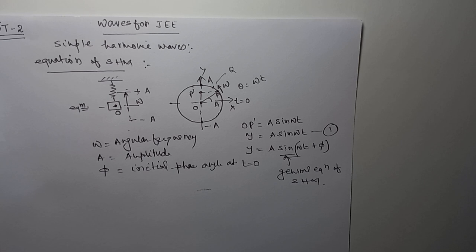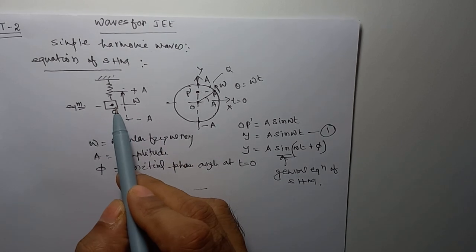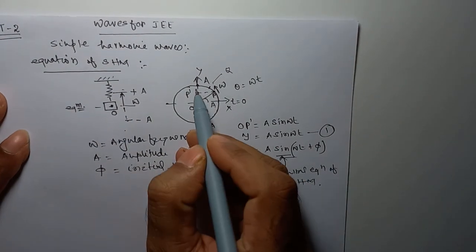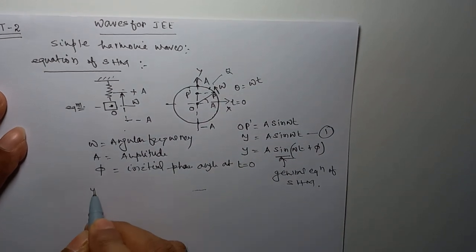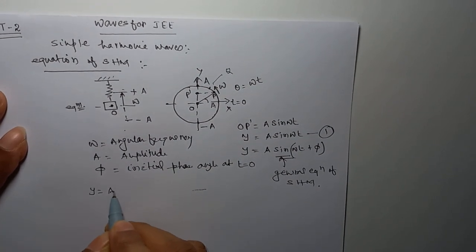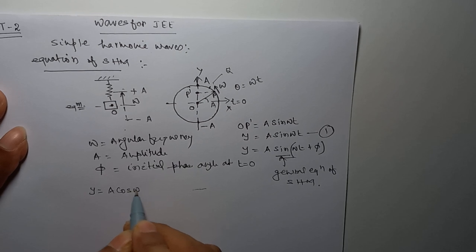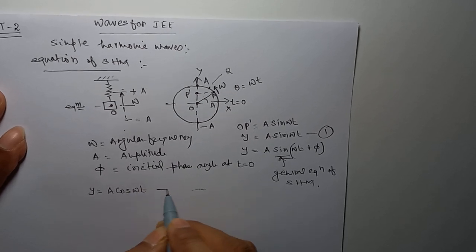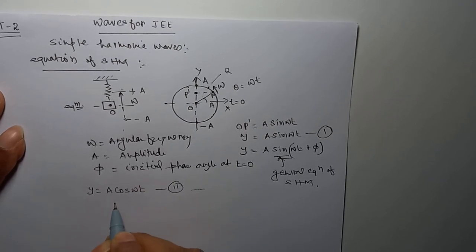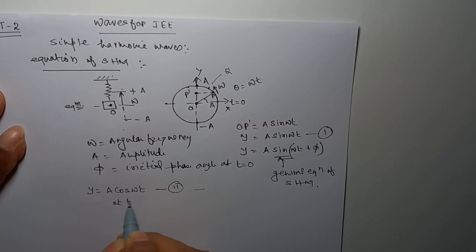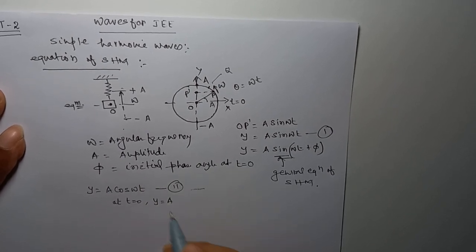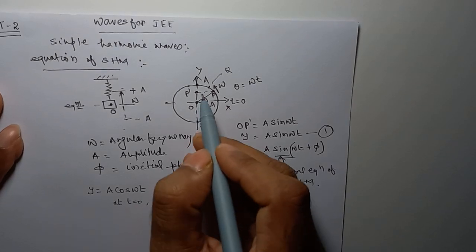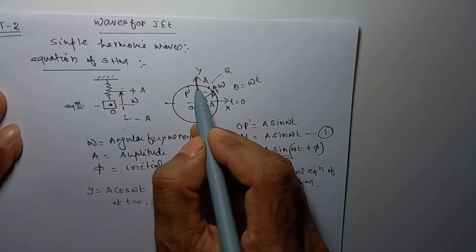Similarly, if the particle starts oscillation from the extreme position, then this equation may be written as y is equal to A cos omega t. At t equal to 0, we get y equal to A. So oscillation starts from the extreme position.